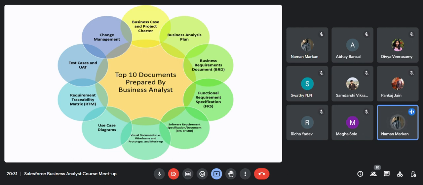It's just a short charter-style document stating who the stakeholders are, what information is needed in our project, and what the risks are.